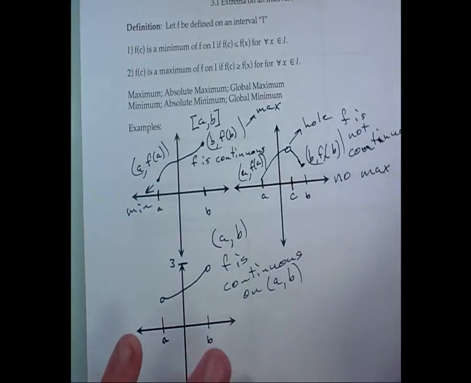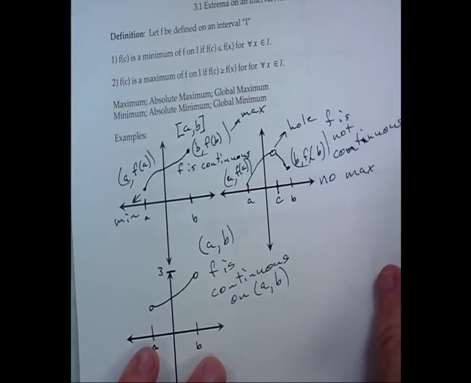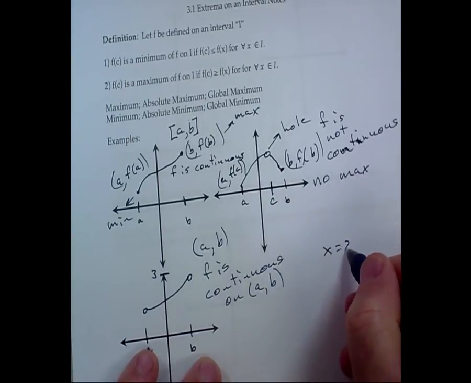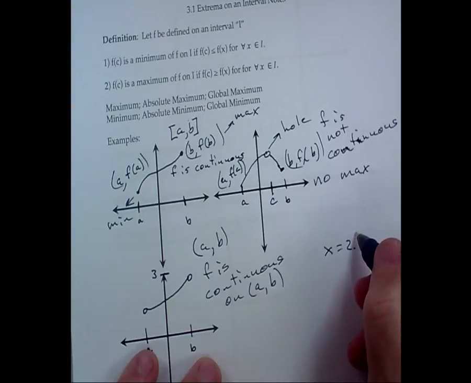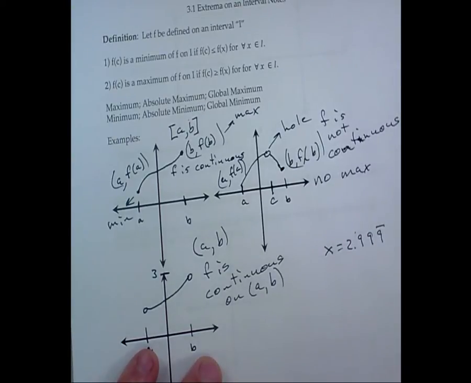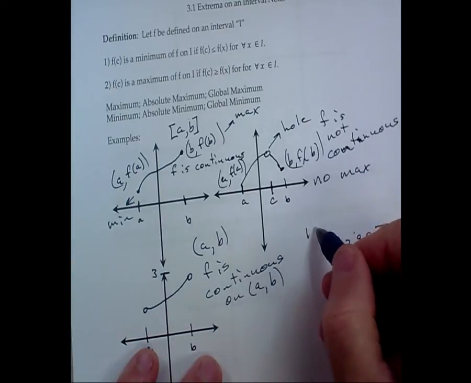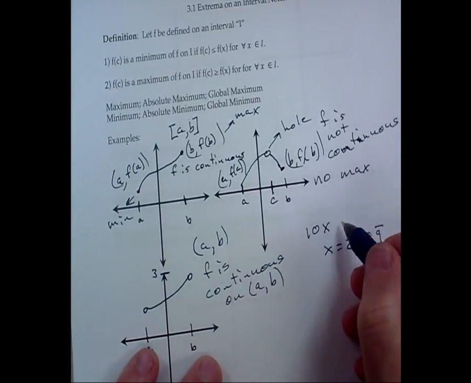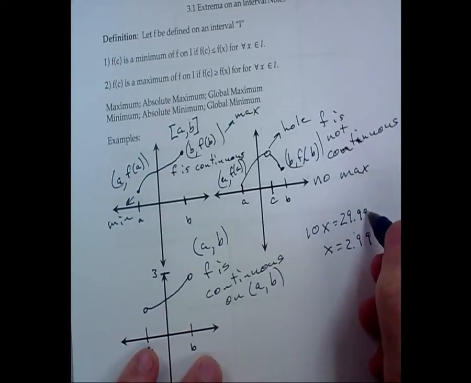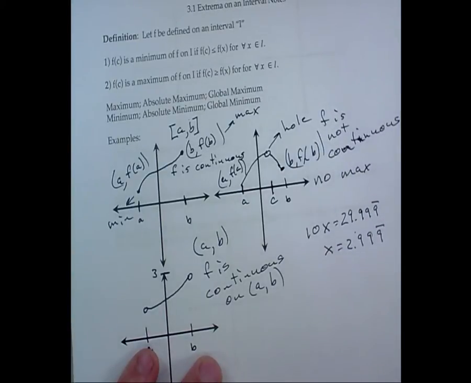Okay. So this is the way I learned it when I was a child. You say x is equal to 2.9 repeating, or 9 repeating, right? And then you multiply by 10, and you get 29.99 repeating, correct?